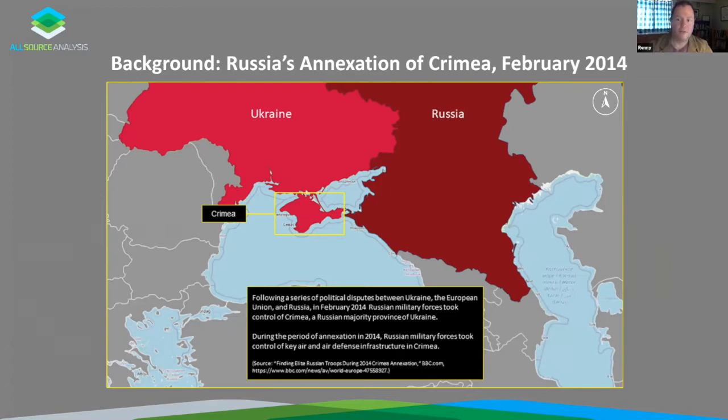Following a series of political disputes between Ukraine, the European Union, and Russia in February 2014, Russian military forces took control of Crimea, which was a Russian majority province of Ukraine. During this period of annexation, Russian military forces took control of key air and air defense infrastructure in Crimea. At the time, Russia denied that the Russian military was involved at all, but over time, it's clear that this was the case.